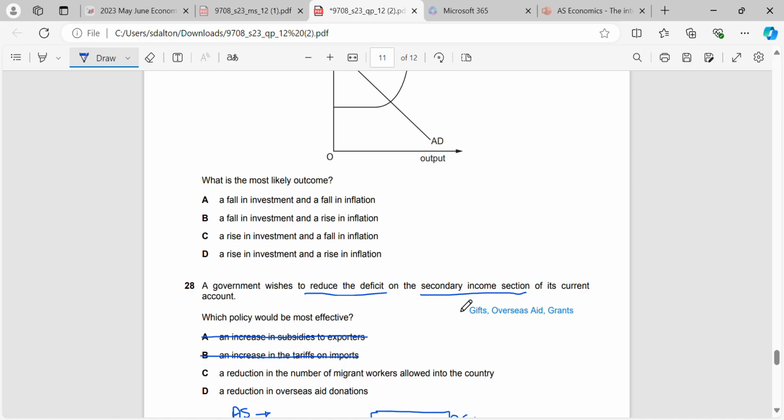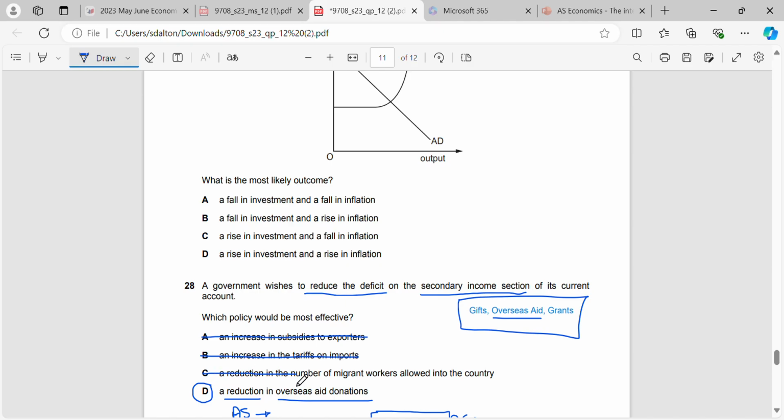So based on our keywords that we know from our secondary income section, we can see that the correct answer here should be a reduction in overseas aid donations. If we reduce the overseas aid donations, it's one of our keywords of secondary income, we're going to be reducing the level of debits that we have on that section, and if our credits stay the same, it's going to reduce the deficit on that secondary income section.